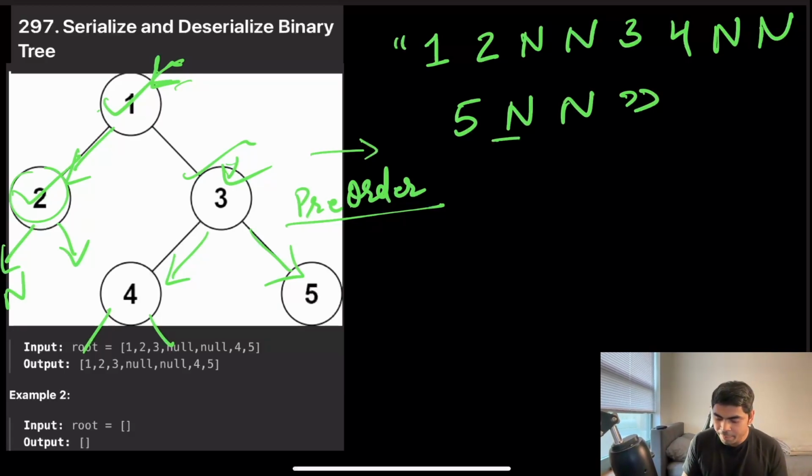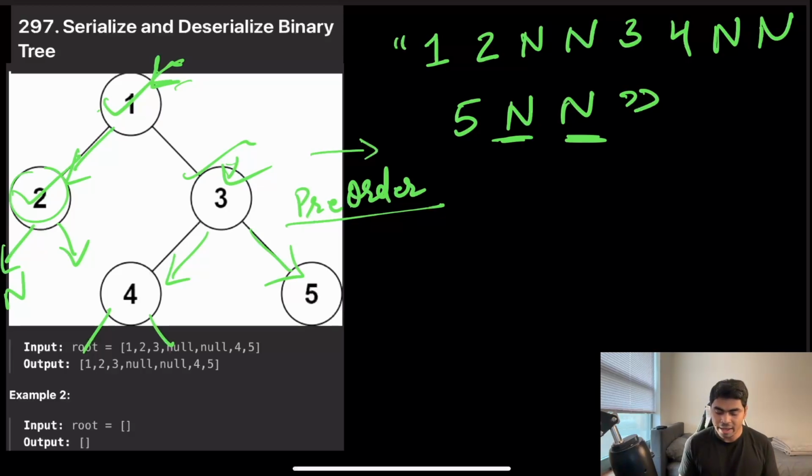The reason I'm appending these is that even if there is no value, I need to know when I'm deserializing whether a node is a leaf node. And how would you know that?